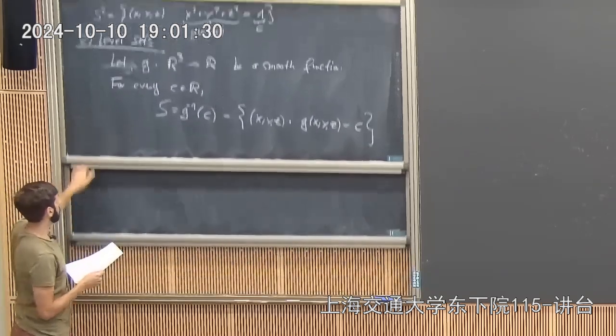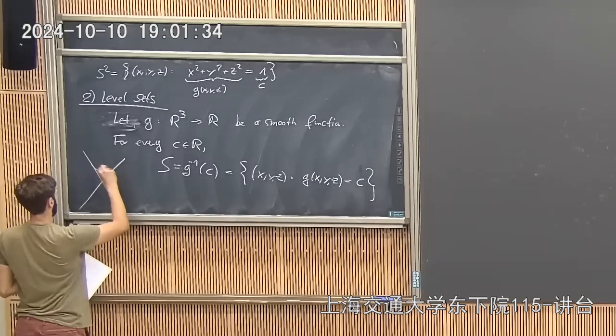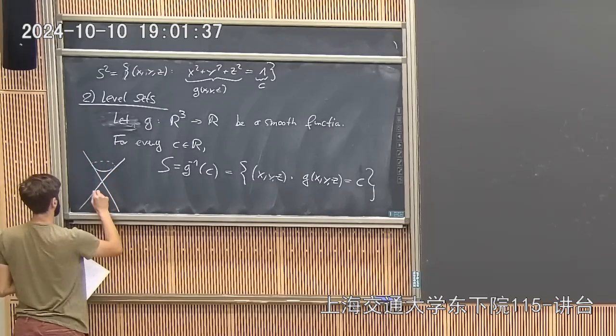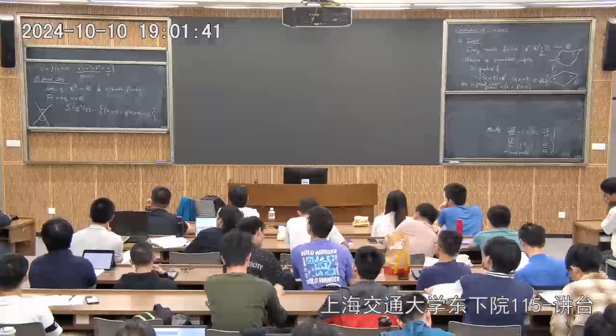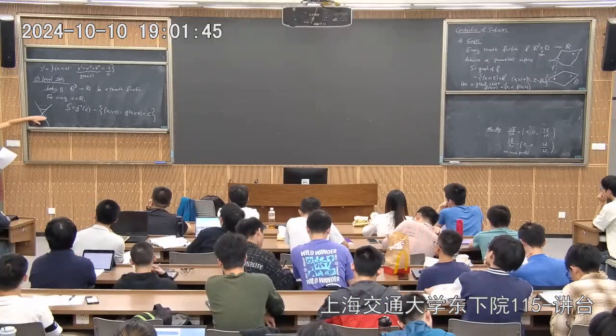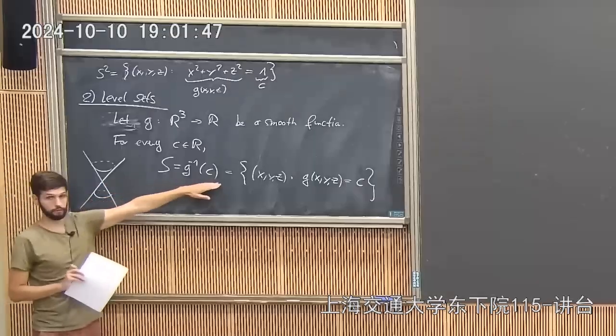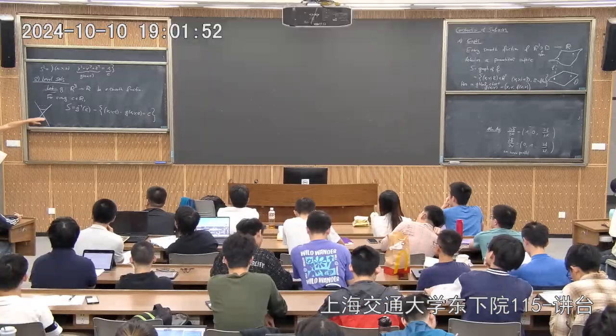For example, think of the cone, where you have the upper and lower part. That one is also cut out in a very similar way by a different function, some quadratic function.